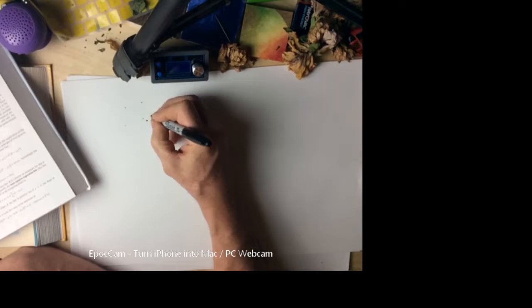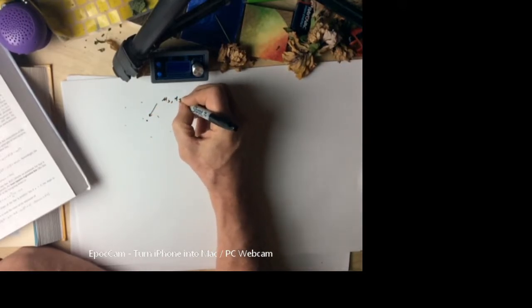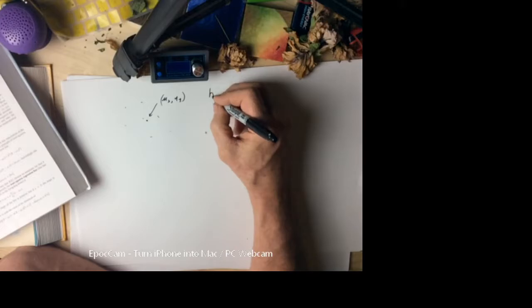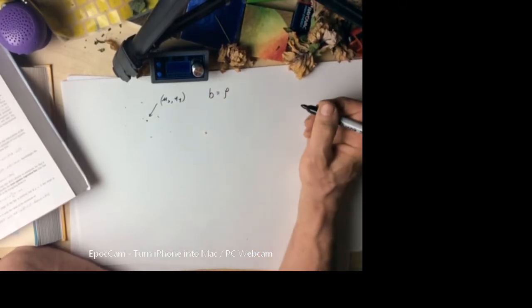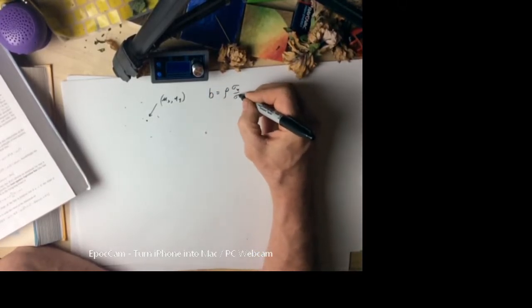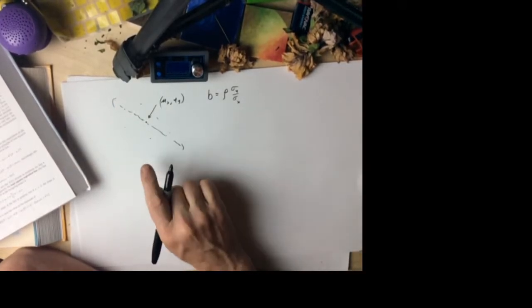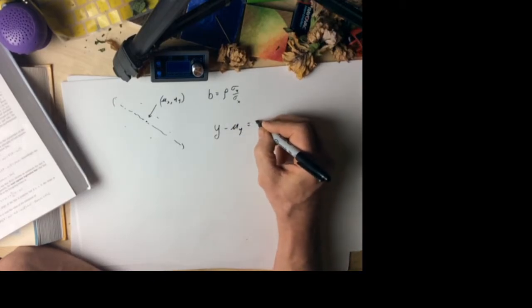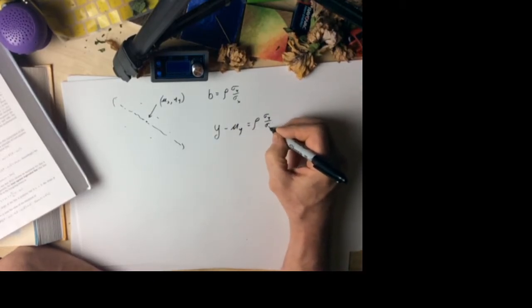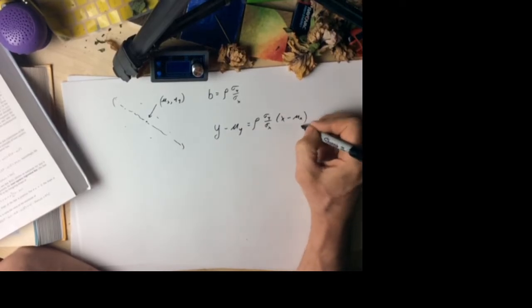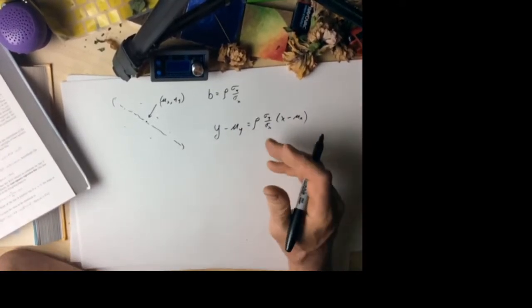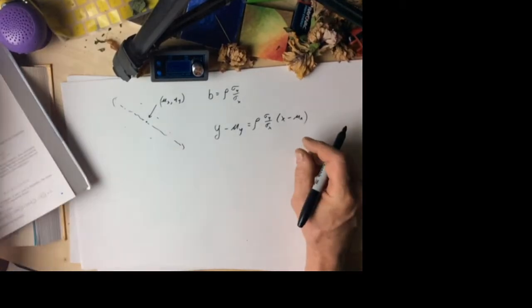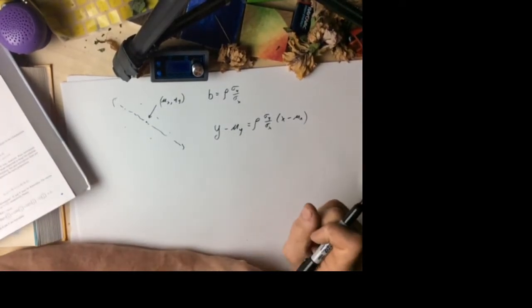We have a known point mu of x, mu of y, and now we have a slope, which is this number rho, which we can calculate from the PMF, sigma y over sigma x, and we have discovered that the minimization of the squares of the distances from this line produces the line y minus mu of y equals rho sigma y over sigma x, x minus mu of x. So this is often referred to as the least squares calculation.